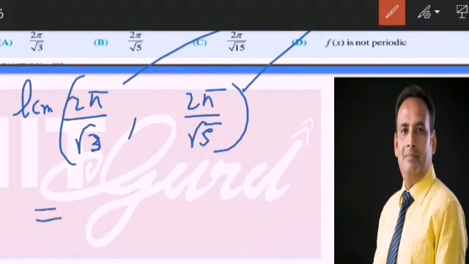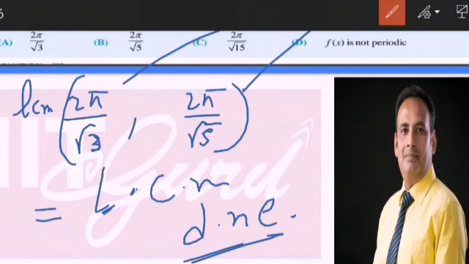What will you think about the LCM? As there is an irrational number in the denominator, and here also an irrational number, what can we say is the LCM of 2 pi root 3 and 2 pi root 5? We can simply say the LCM does not exist.